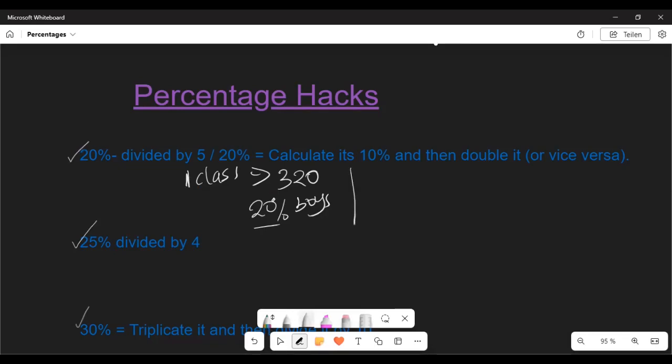So in short, they're trying to ask you, what is 20 over 100 of 320? So in a normal situation, you will just take your pen and cancel the zeros, and then you are going to have 32 times 2, which will give you 64.